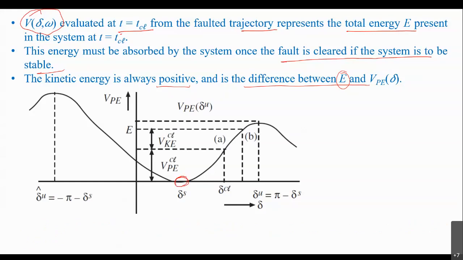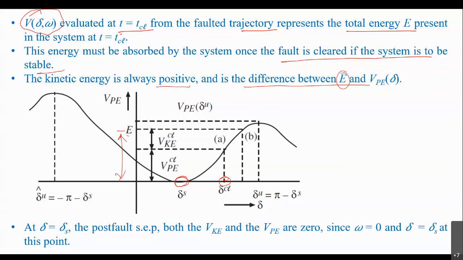Now suppose the fault is cleared at delta equal to delta CL, then from this point your total energy will remain constant. That means VPCL plus VKCL gives us the total energy, and it will remain constant, and it is marked as point B here. Point A and point B, you can note it here.